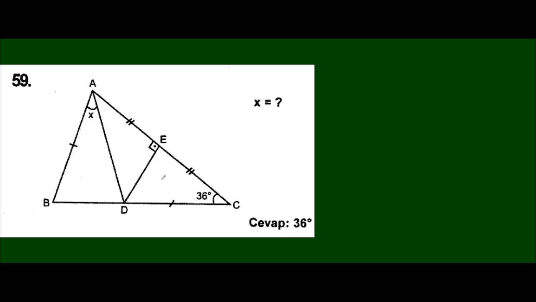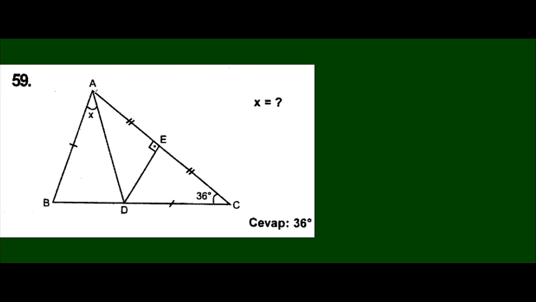I have to remind you of the theorem that works in an isosceles triangle. In an isosceles triangle, the height that is dropped from the heel, or we can say from the top of the isosceles triangle, will be also the median and also the bisector.